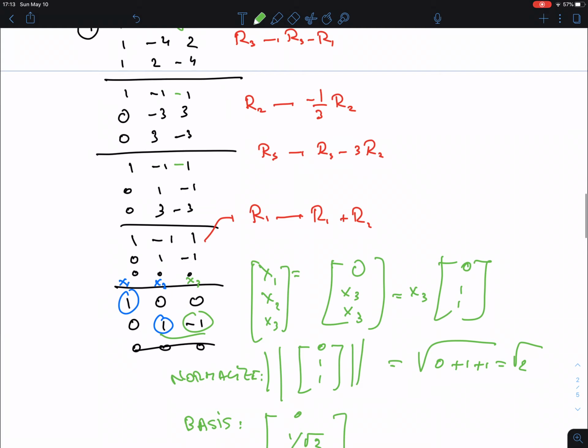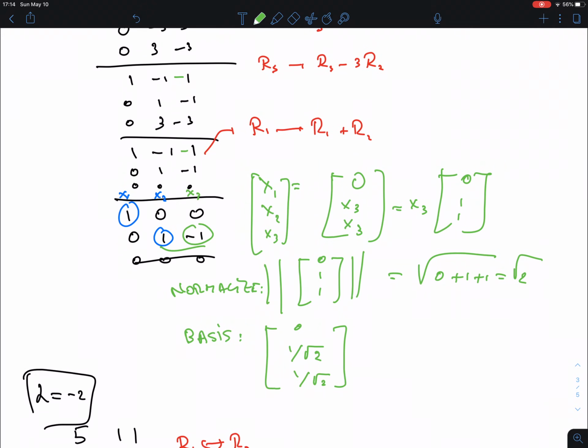Only now I'm changing row 1. No, still not. It's this spot I changed by adding them. And so this is not 0 but negative 2. I'm sorry, I apologize for that.